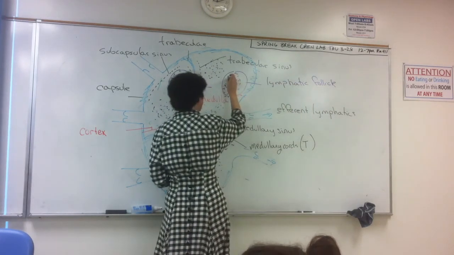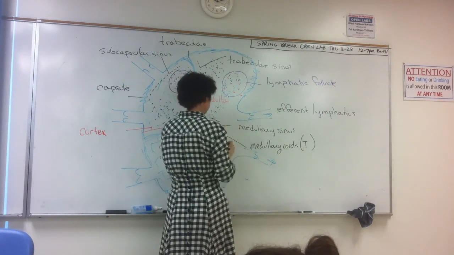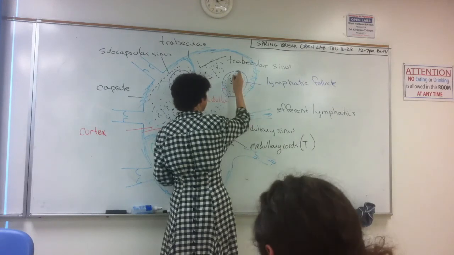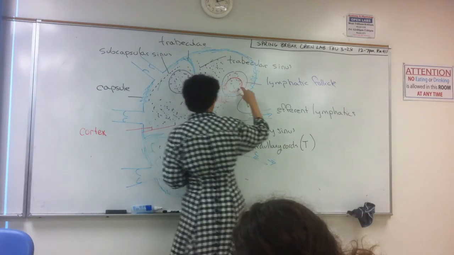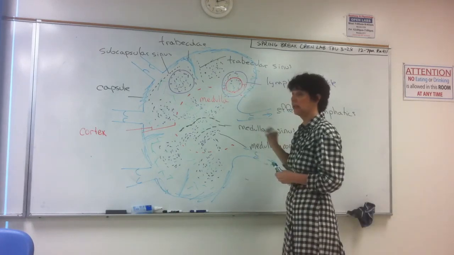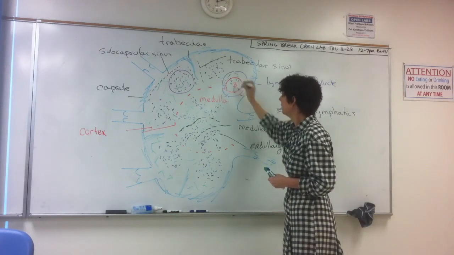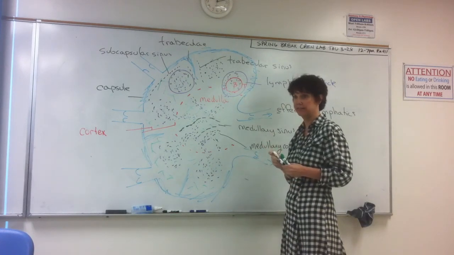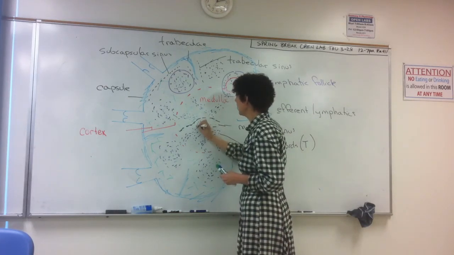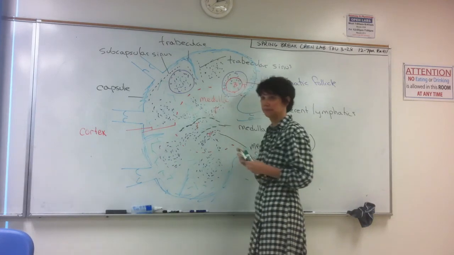And in the periphery of the follicle, the outer part of the follicle is going to have T lymphocytes. The center part of the follicle will be rich in B lymphocytes. Whereas our medullary cords are rich in T lymphocytes.